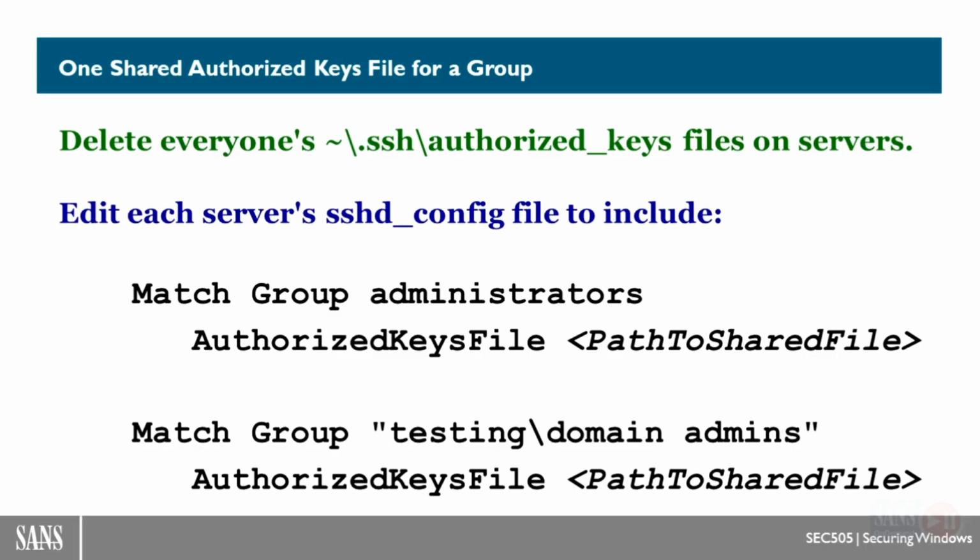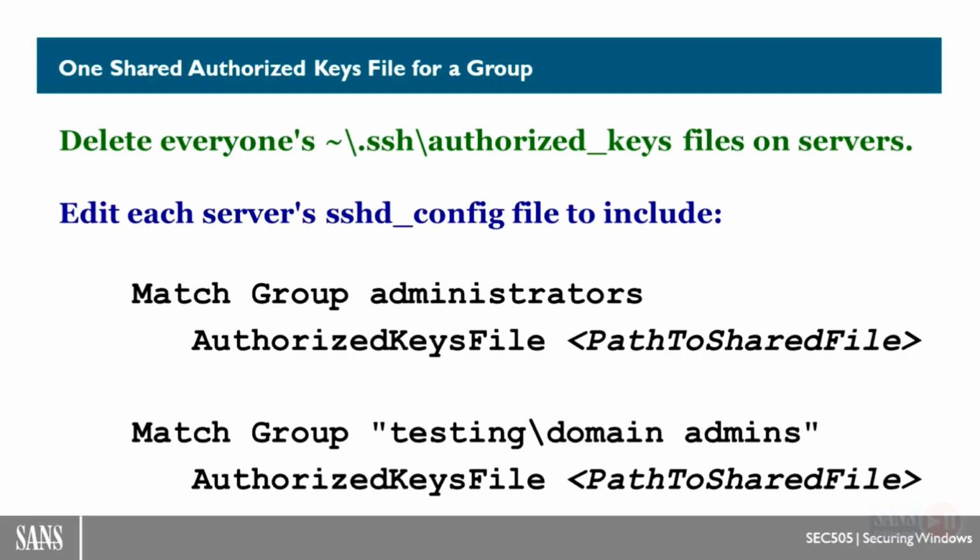You could even have multiple lines like this in this configuration file, sshd config. As you can see at the bottom, I've got another match group entry. Now in this case, it says match group administrators and domain admins. Because of the space character, it has to have double quotes. And by the way, there is a reason that these group names are in lowercase. Microsoft recommends that they be in lowercase. So in this case, you have to be a member of either the administrators group or the domain admins group.